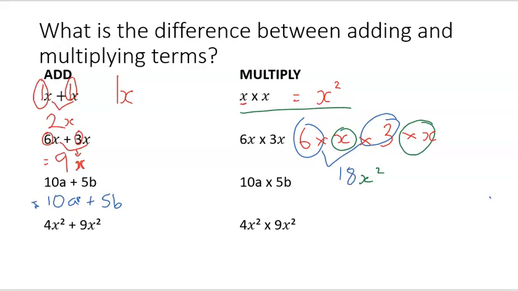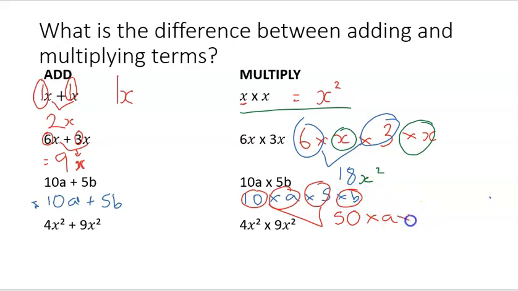However, when you multiply 10a with 5b, first of all, let's expand it. So we've got 10 multiplied by a, multiplied by 5, multiplied by b. Multiply the 2 numbers first. So 10 by 5 is 50. Then you've got multiplied by a and multiplied by b.